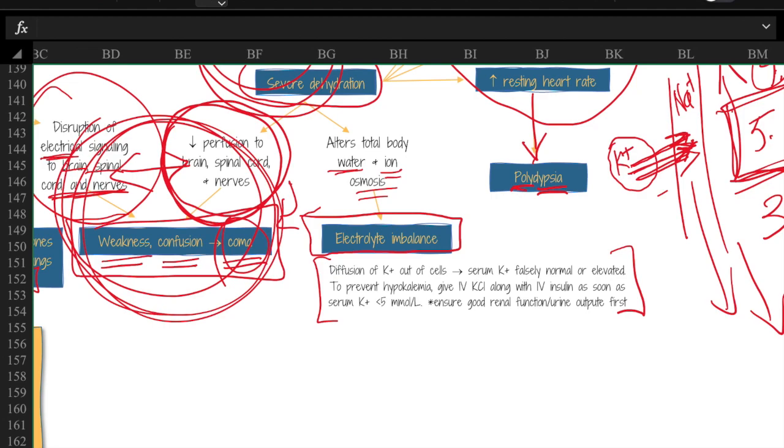I promise you that once you care for a patient in DKA a couple of times, you're going to get this stuff really quickly. In the meantime, this is definitely something that's incredibly important for tests and absolutely for the NCLEX, especially knowing the difference between DKA and HHS, and more importantly, knowing how to treat both of those. And we'll talk about that in the next video.